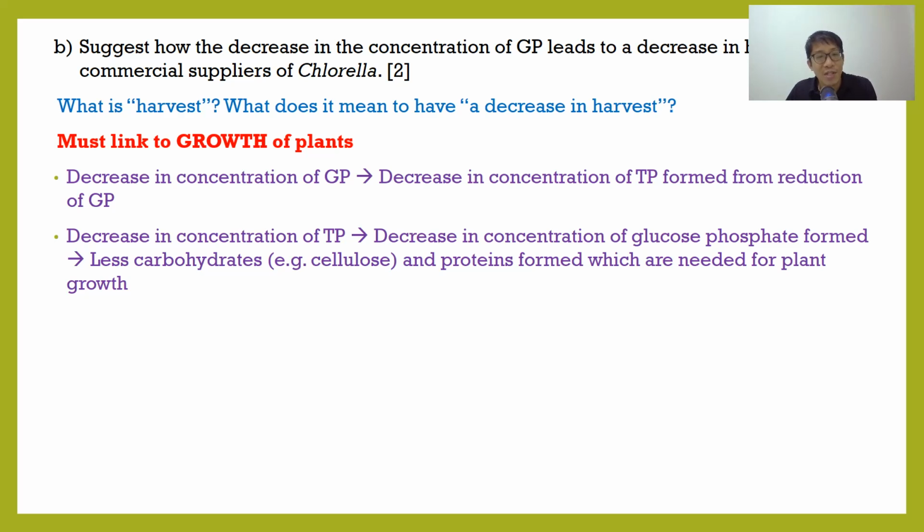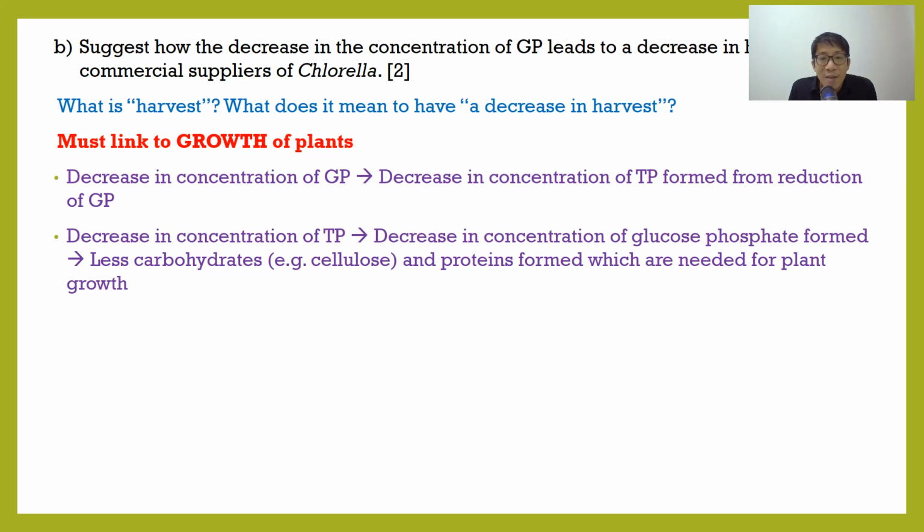So this glucose can be used to form carbohydrates like cellulose, which if there is not enough cellulose being formed, then obviously that affects the growth of the plants, because when the plants grow bigger, there should be more cell wall, and therefore more cellulose is needed.